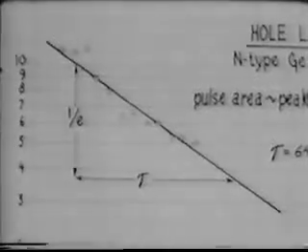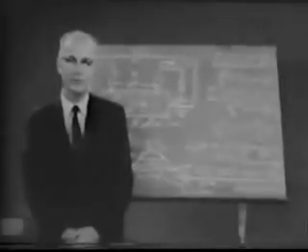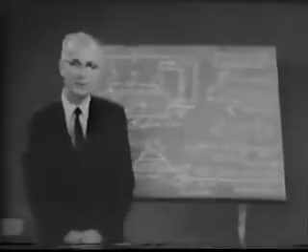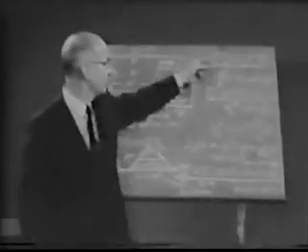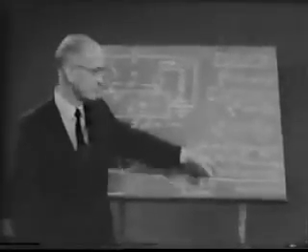From this line, we find that the number of carriers decreases by 1 over e in time tau. Tau is equal to 51 microseconds, and this is therefore the lifetime of the holes in our bar. The measurement of lifetime completes our three experiments showing that minority holes drift, diffuse, and disappear by recombination.